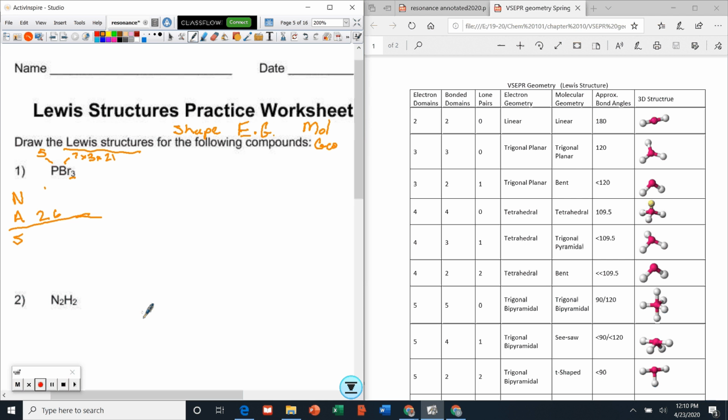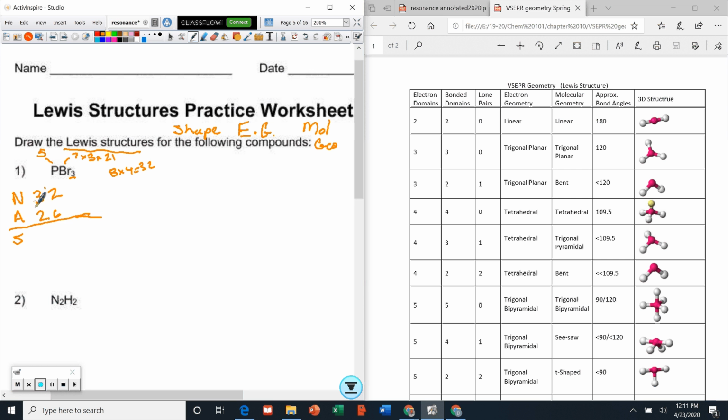Now needed, each of these atoms can get a full octet with 8. So we're really just looking at 8 times 4 for our needed, which is going to be 32. So in order for everything to be full, there's 32 electrons. Remember, this number, the needed, doesn't mean anything to us.